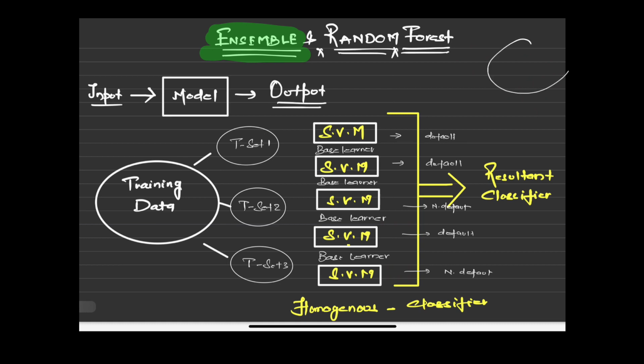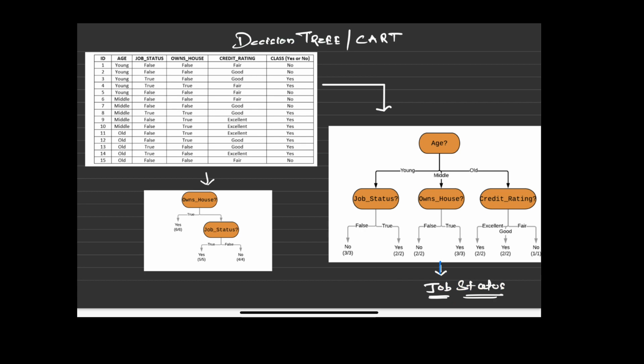Assume you have say 100 data points. You can randomly select say 20 data points. Again, you can randomly select 20 data points, and it is quite possible that some of the data points can be duplicates. So that is the bootstrapping method. With bootstrapping, we will enter into the random forest.